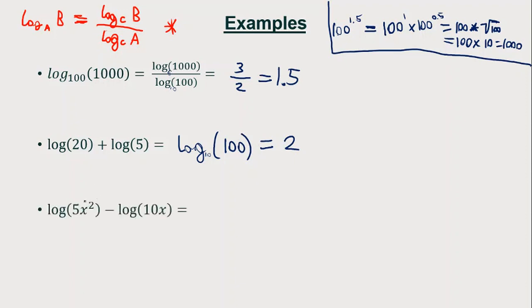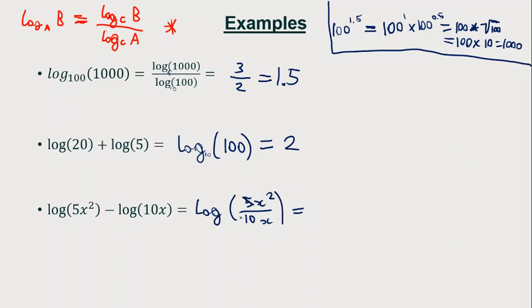Next, logarithm of 5x squared minus log of 10x. The difference of logarithms is the logarithm of the quotient of the arguments. So here we take log of 5x squared all divided by 10x, and we should be simplifying this and leave it in the reduced format.